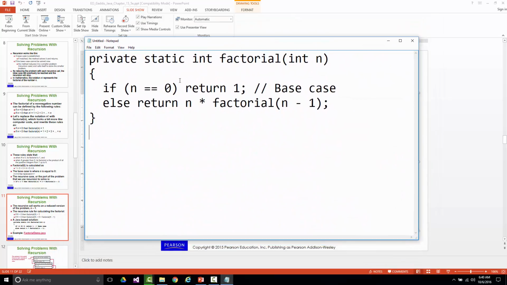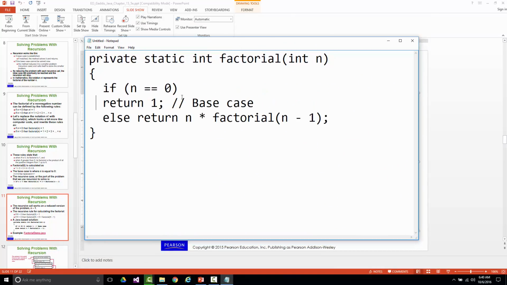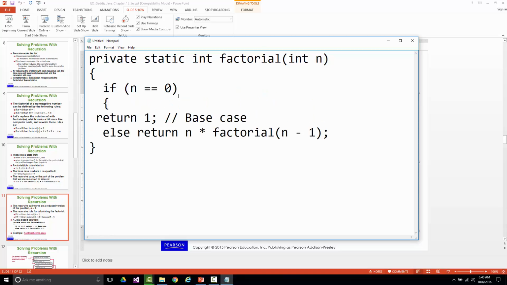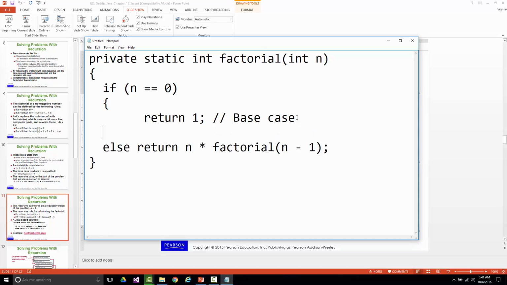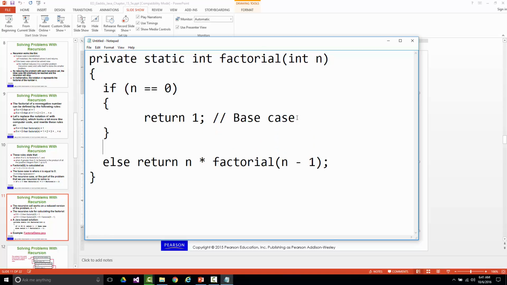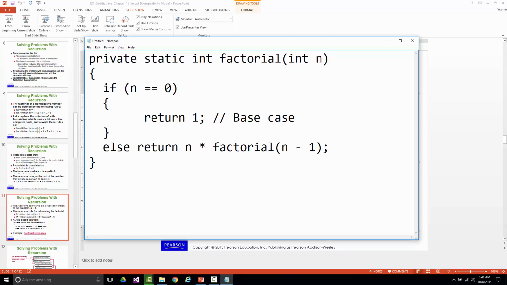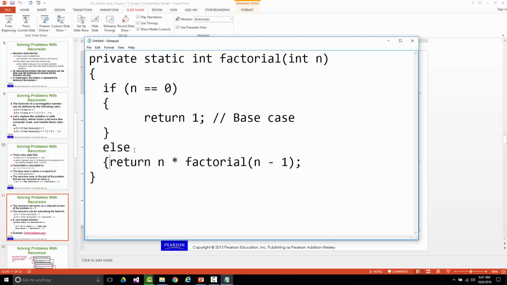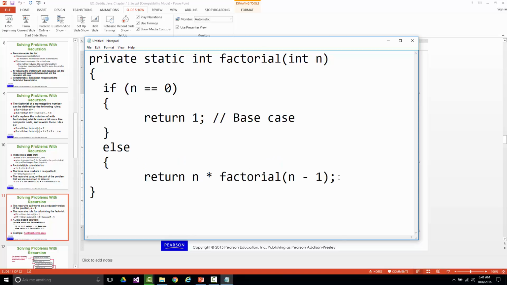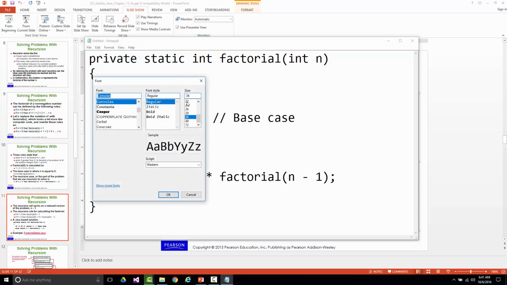But you really start to see, in my opinion, why it's a good idea to use curly braces here. Because if we look at this example that I'm writing right now, again, in my humble opinion, let's make this a lot smaller, because I think you can read it even if it's small.